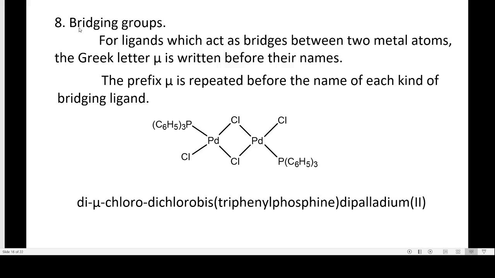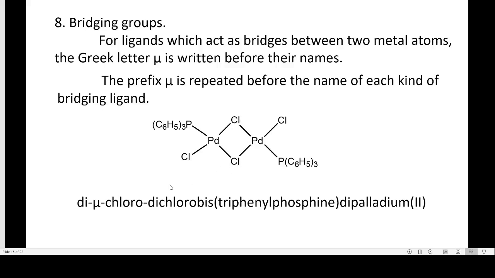So the next rule, that is of bridging groups, that is for ligands which act as bridges between two metal atoms, the Greek letter mu is written before their names. So here in this example, two chlorine atoms are bridging between the two metal ions. Since two groups are there, it is di.